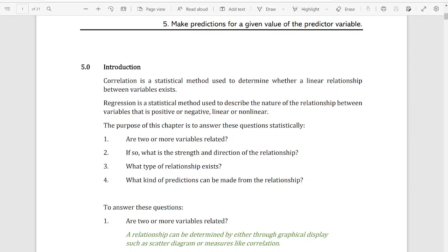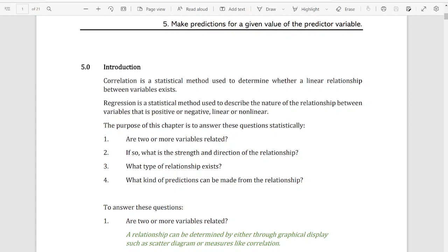Adakah sesuatu pemboleh ubah itu mempengaruhi pemboleh ubah yang satu lagi. So this is where the terms dependent and independent variable exist. Okay, dalam regression analysis lah akan wujudnya terma yang digunakan sama ada pemboleh ubah bersandar ataupun pemboleh ubah tidak bersandar. Independent or dependent variables. So meaning to say here, dalam correlation, kita hanya melihat perkaitan, wujud ataupun tidak.